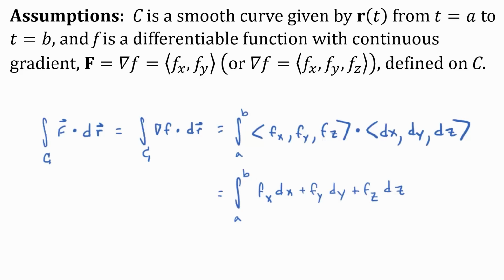Before, we didn't know for sure if F was conservative, so instead of seeing f sub x, f sub y, f sub z, you saw P, Q, and R, respectively, with dx, dy, and dz in the differential form. But when F is conservative, this is a very special quantity.